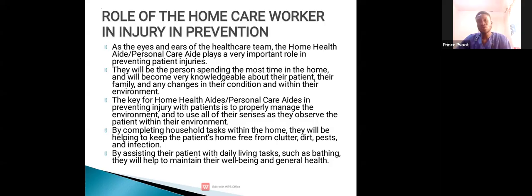So keep the patient's home free from clutter, pests, and even infection. By assisting their patients with daily living tasks such as bathing, they will help to maintain their well-being and their general health.